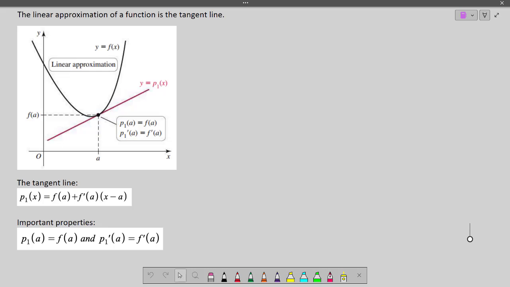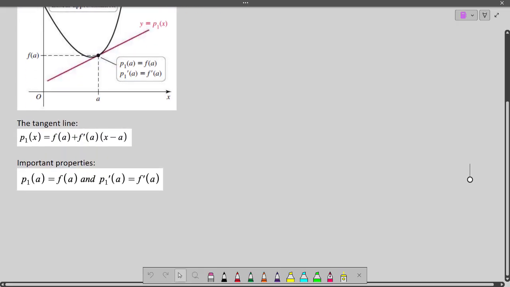We know that if a curve is smooth, there are unique tangent lines at each point. And so the slope of that tangent line will be called the slope of the curve. To build the equation of this tangent line, we use the point slope formula, and we come up with the first order approximation for this curve.